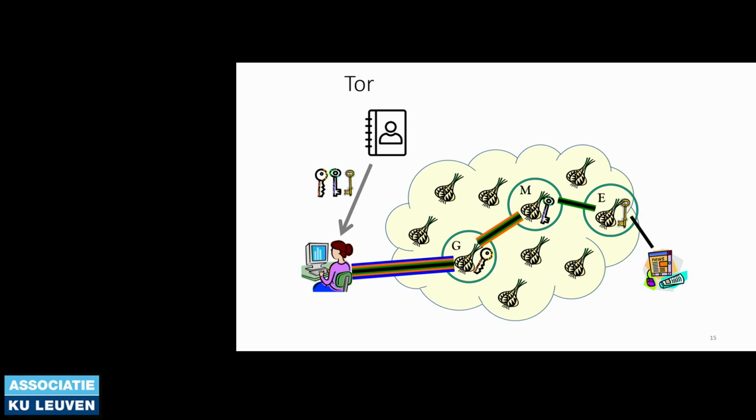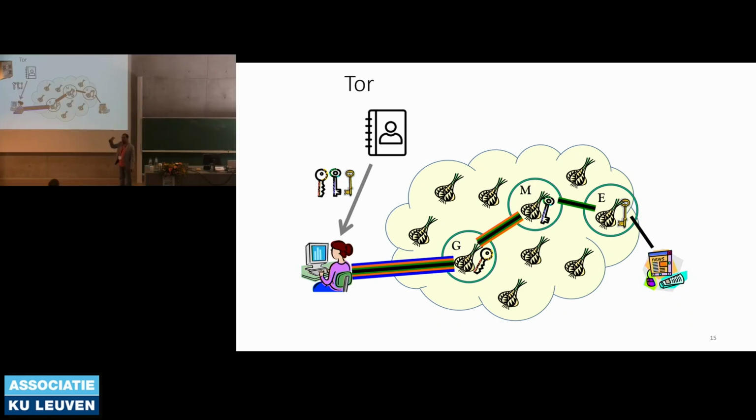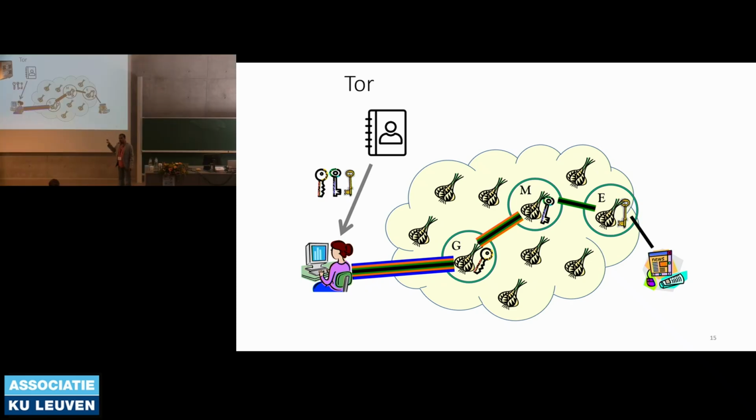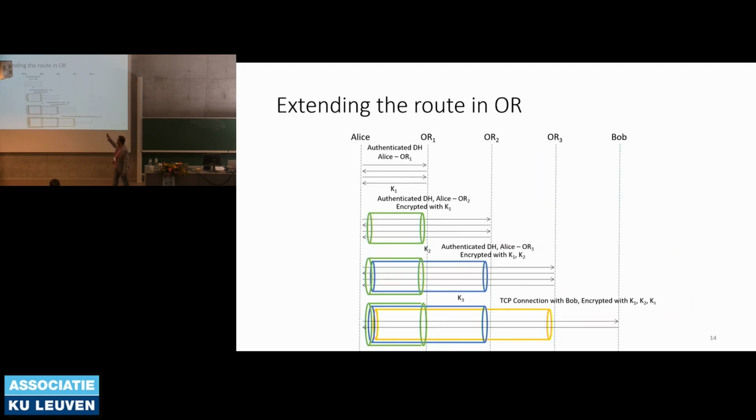The exit node only sees that they had a circuit extension request from the middle node, from some user. But since Alice is extending the circuit through the existing circuit, onion router 3 only sees onion router 2.